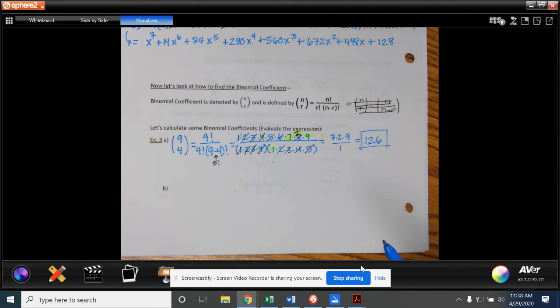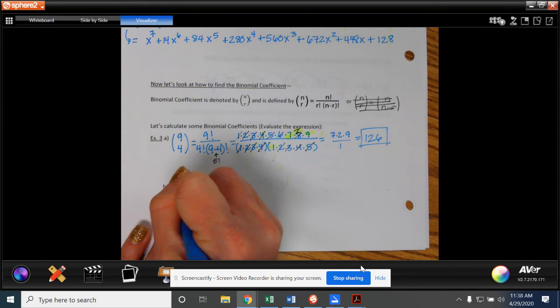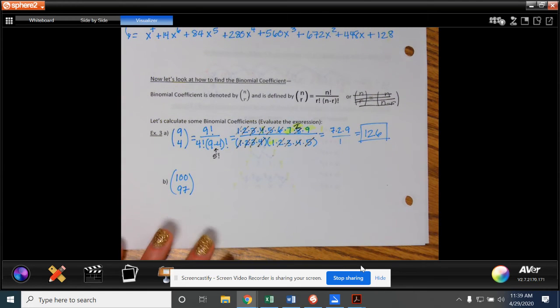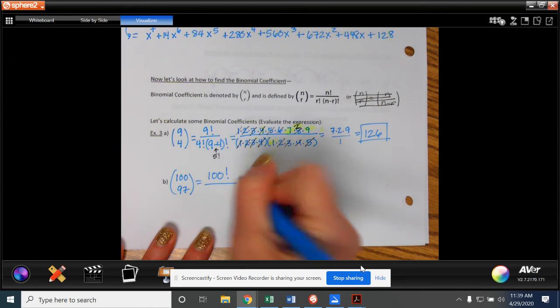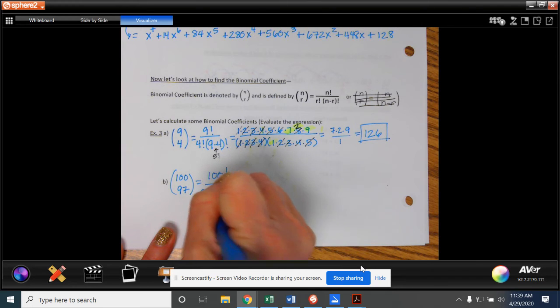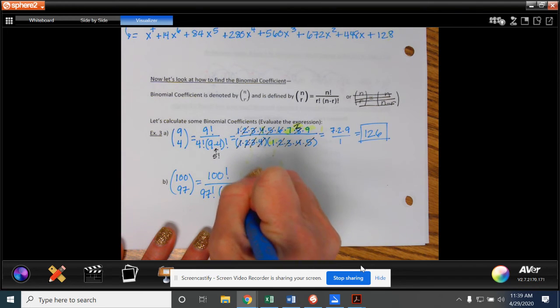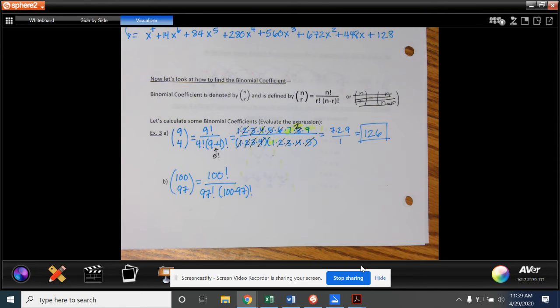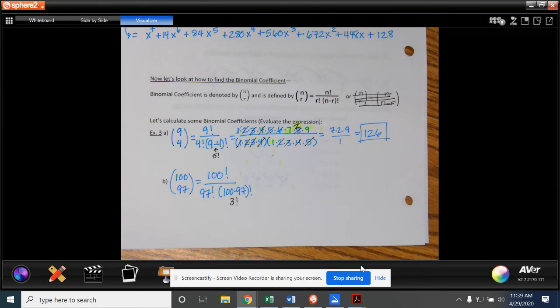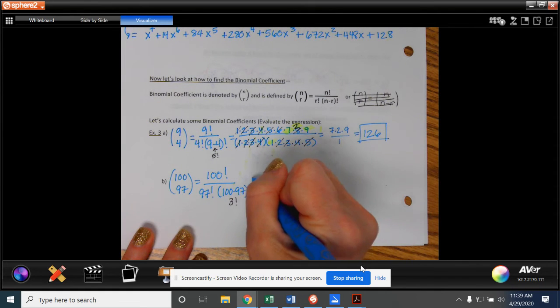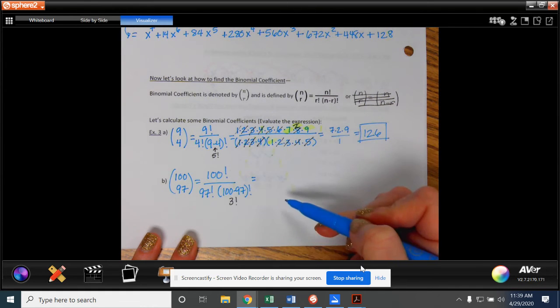Now, what if we have it even larger? So we do 100 over 97. Ooh, what is that? Well, this is 100 factorial over 97 factorial times 100 minus 97 factorial, which we already know would be 3 factorial. I'm not writing 100 numbers out, but what we can show, and maybe I'll go from high to low this time.